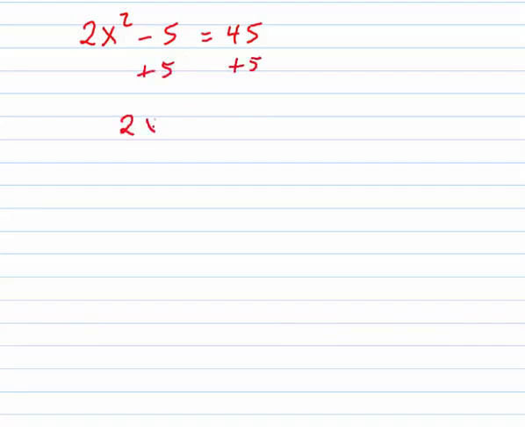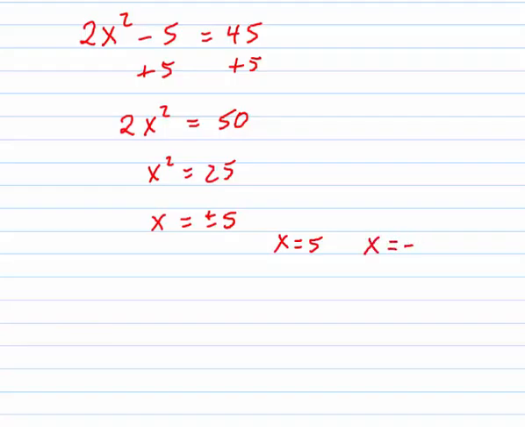So we get 2x squared is equal to 50. We divide by 2. x squared is equal to 25. Now we take the square root of both sides, and x is equal to plus or minus 5. So x is equal to 5, or x is equal to minus 5.